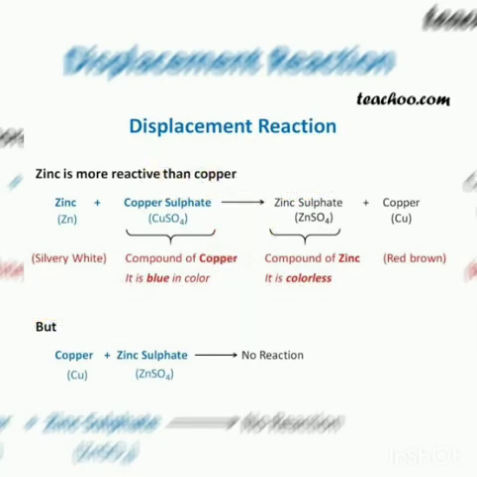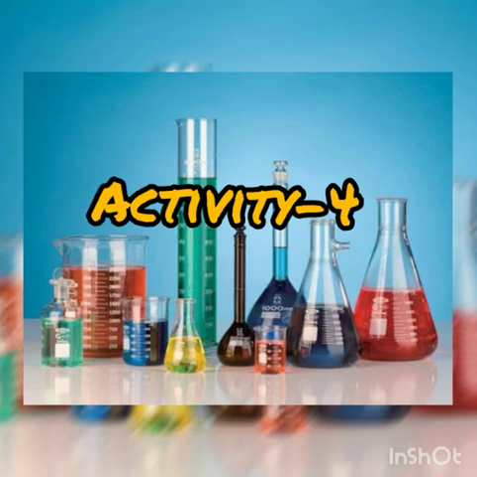As you can see on your screen, Zn plus CuSO4 gives out ZnSO4 plus Cu. So Zn displaces Cu and forms ZnSO4. It means Zn is more reactive than Cu. As you can see in the reactivity series, Zn is placed above copper. So Zn displaces copper. So student, now let's see an activity.